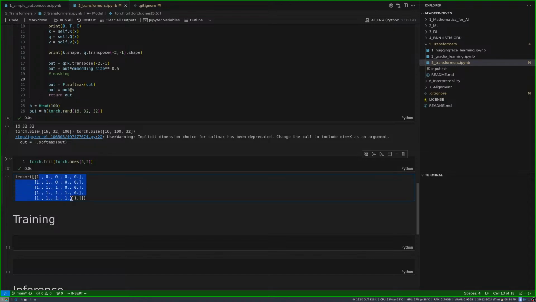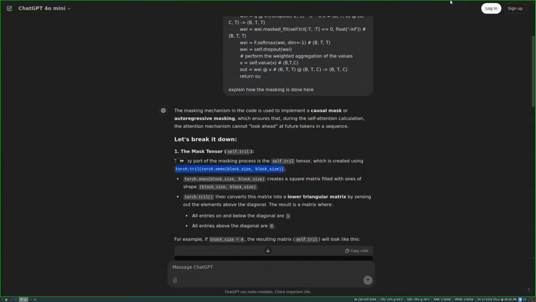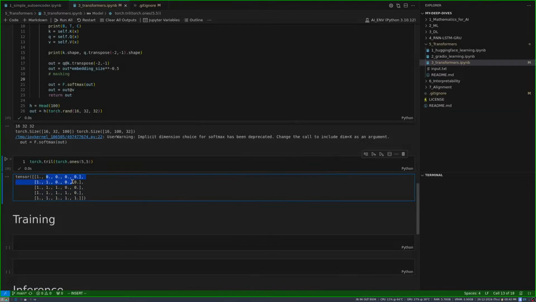This creates a lower triangular matrix. Okay. Oh, so the future tokens will not.